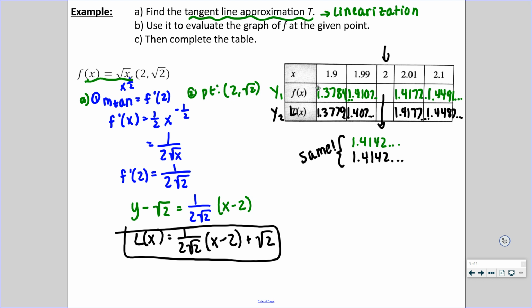That's it. That's linearization. I can't remember what the textbook calls those. Let's see what it has to say.